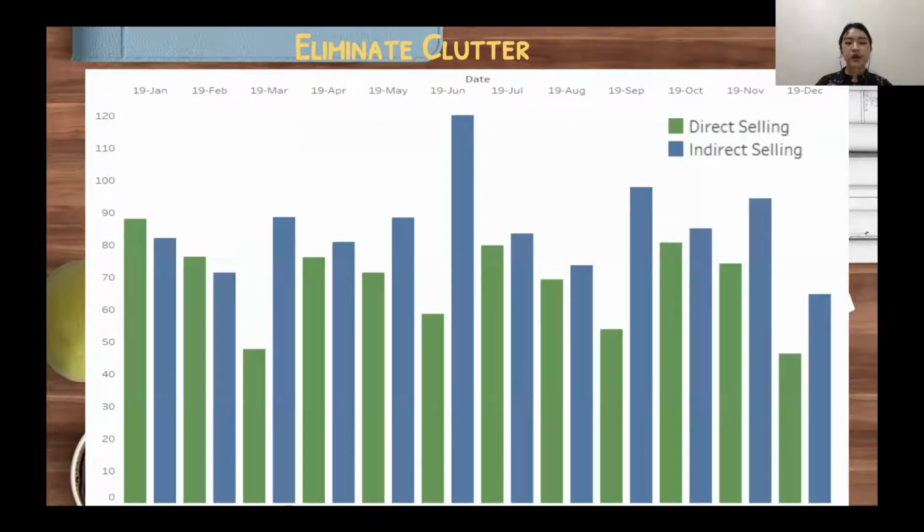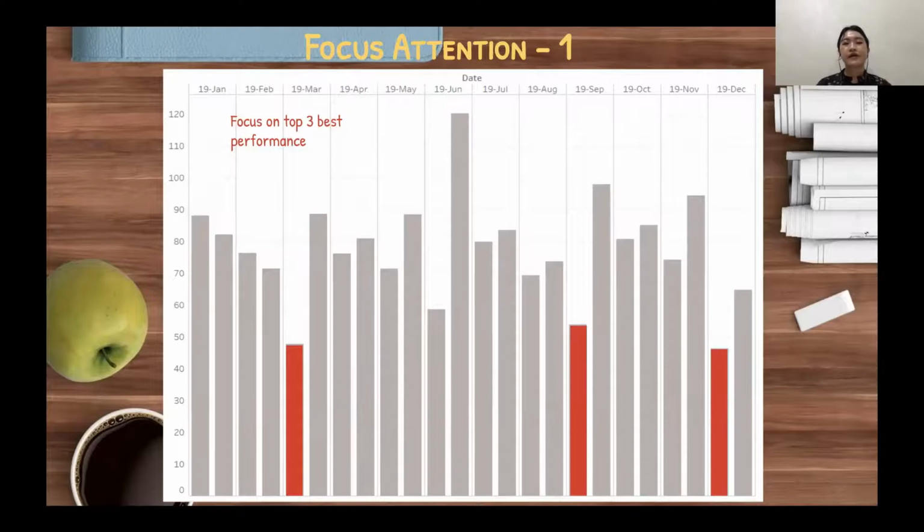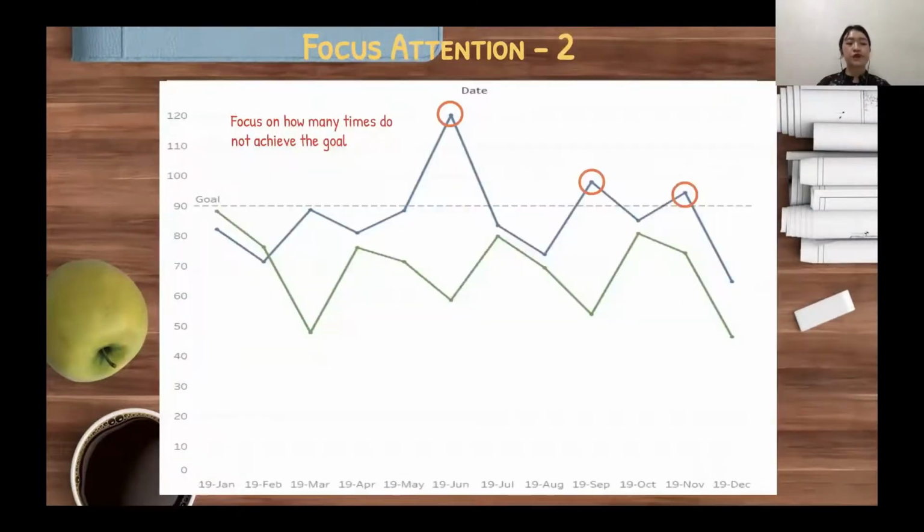So let's try to attract the audience's attention to your points. First of all, if you hope your audience can focus on the best performance, you can just use a bright color for the best 3 months. It is one of the ways to show that. And the second one is if your goal is to decrease the number of days for transaction, you can just point out those 3 months which didn't achieve the goal and dig to find the reasons for this result.